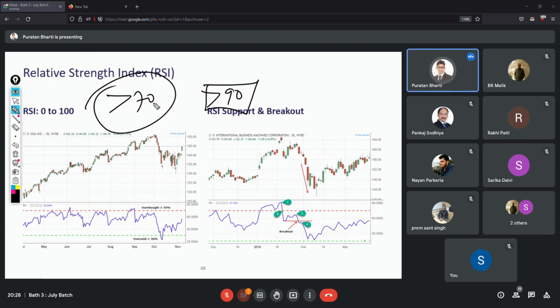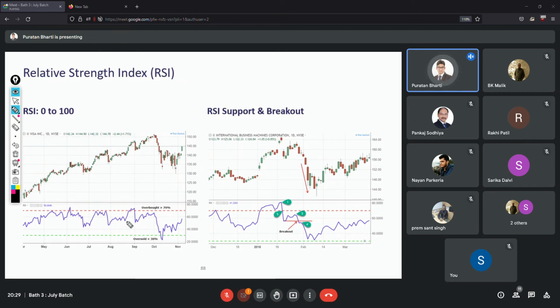So there is a very famous adage which says that RSI lies. So what you have to be careful about is, if it is going above 70, you should ideally keep some stock left with you, maybe 10% or 20%, so that if the stock moves higher up, you can capitalize on it. So you will see that the stock has moved above 70 also.